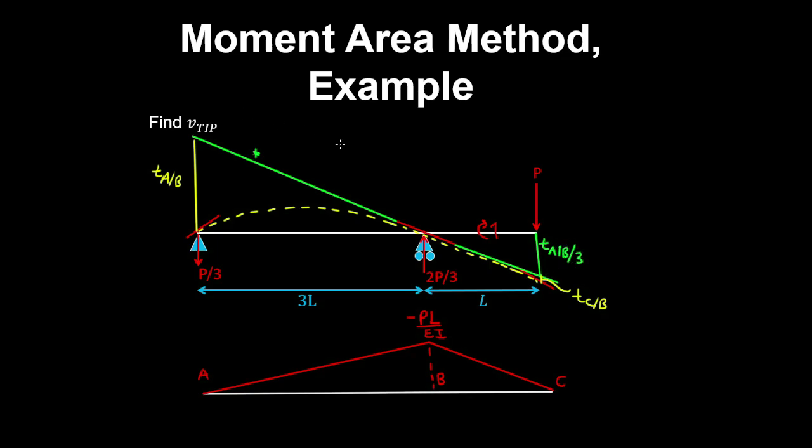And therefore the tip deflection is equal to the tangent at A relative to B on 3 plus the tangent at C relative to B.